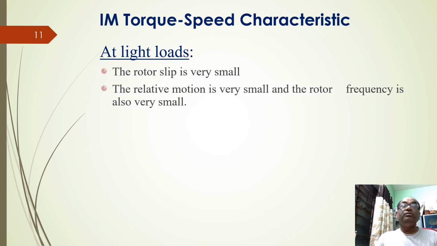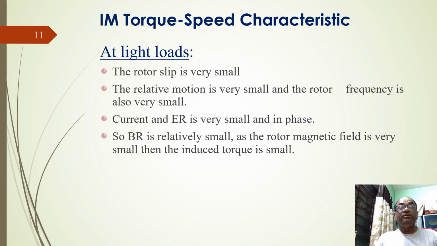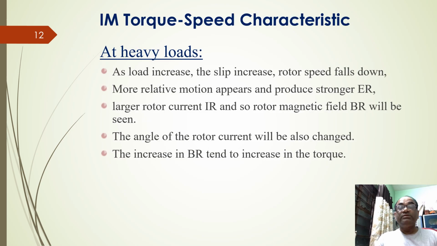So, induction motor speed characteristic. Let's study. In the subsequent graph, it is better explained on the lighter loads and on the heavier loads. As the load increases, the slip of the motor also increases, the rotor speed falls down.